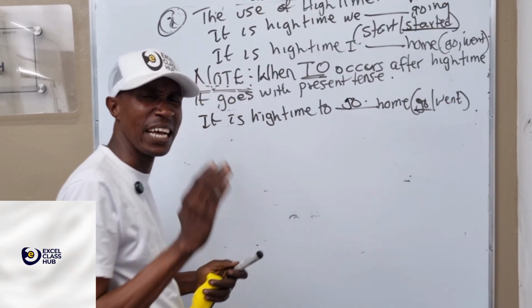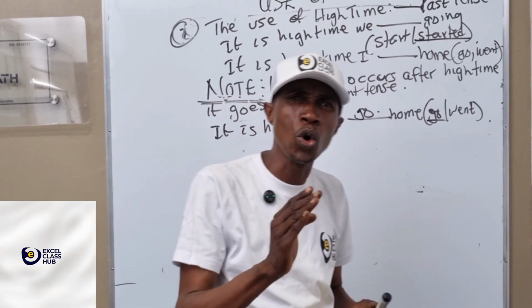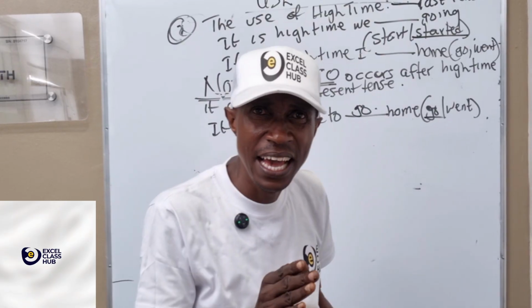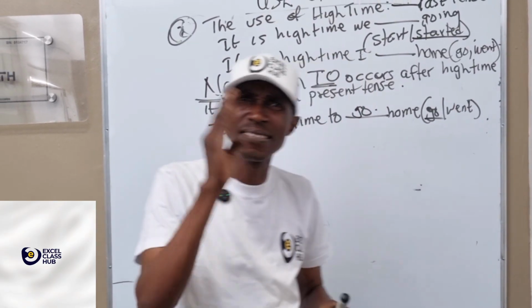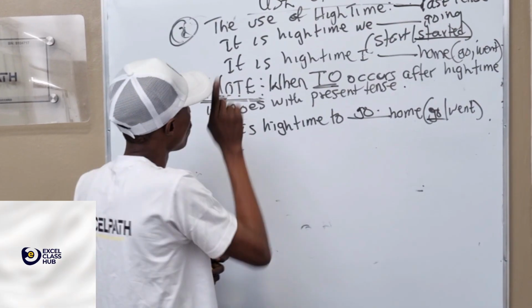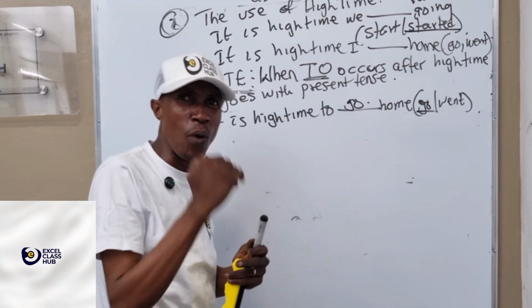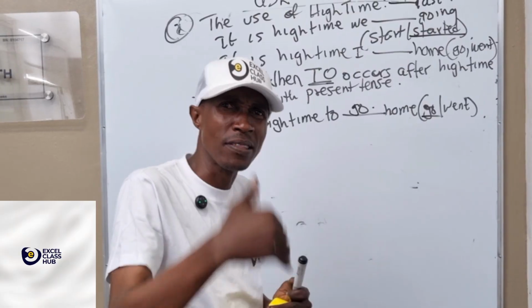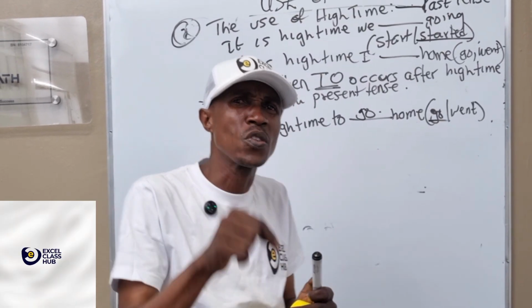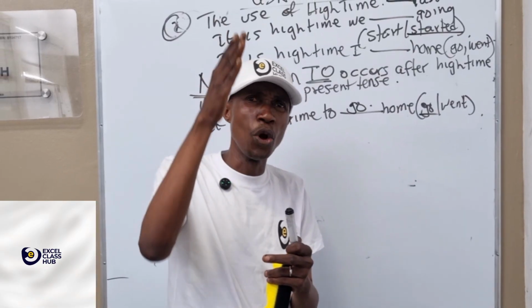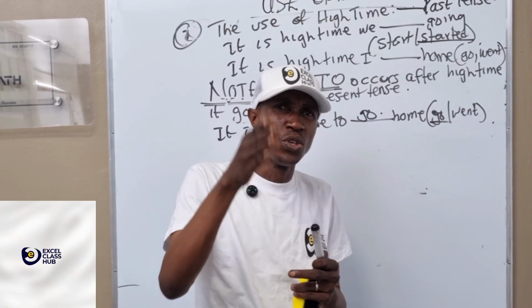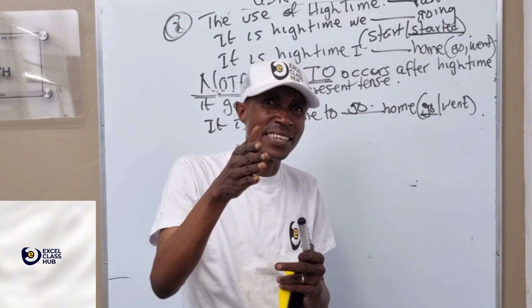So exceptions to rules in Concord matter a lot. Firstly, high time, when it's used, it goes with what? Past tense. That is, making use of high time with your subjects, your I, your you, your they, your we, your it, and so on.